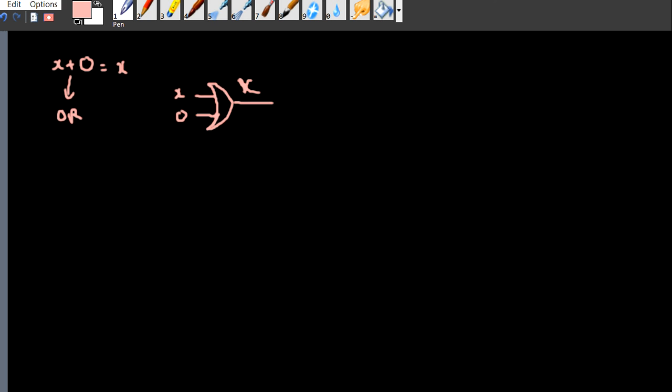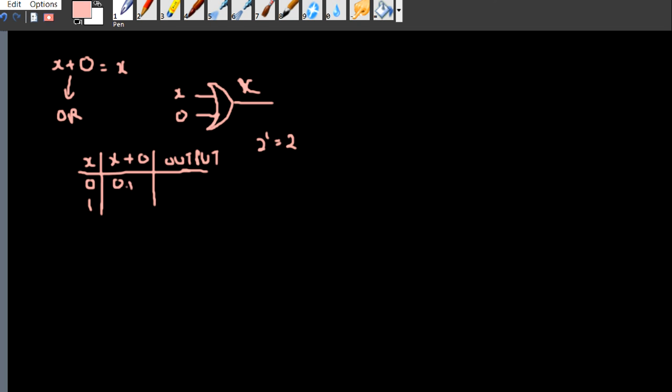So why always x? Let us understand this with the help of a truth table. We have x. Since we have only one input, 2 to the power 1 is equal to 2, so we'll have two possible combinations of input, which are 0 and 1. In the next column, let's write x plus 0, and in the third column, we have output.